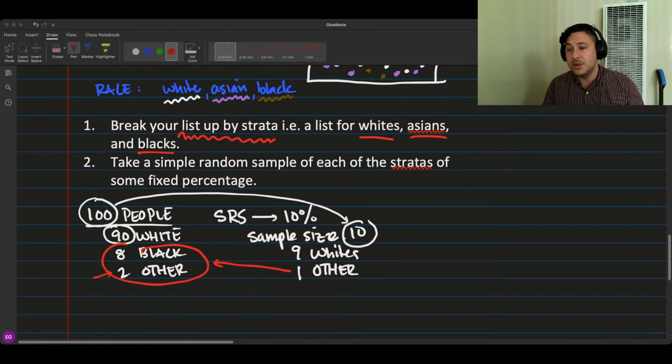If you took a 10% sample, they may not end up in that sample. So a stratified sample makes sure that all groups are included so that there's no bias. Okay, so hopefully this is ringing a bell from last time. Are there questions about the old material before we move forward?